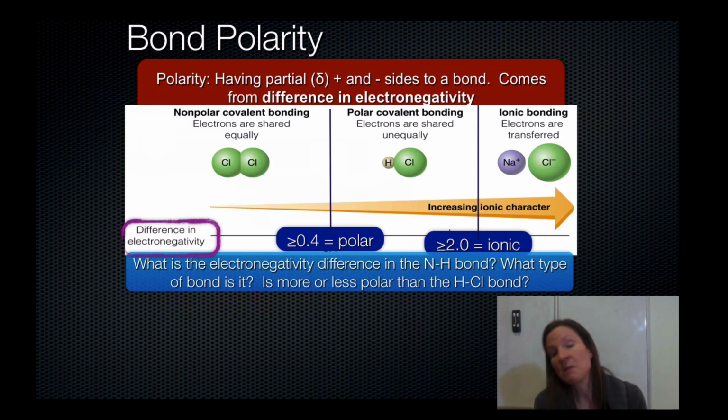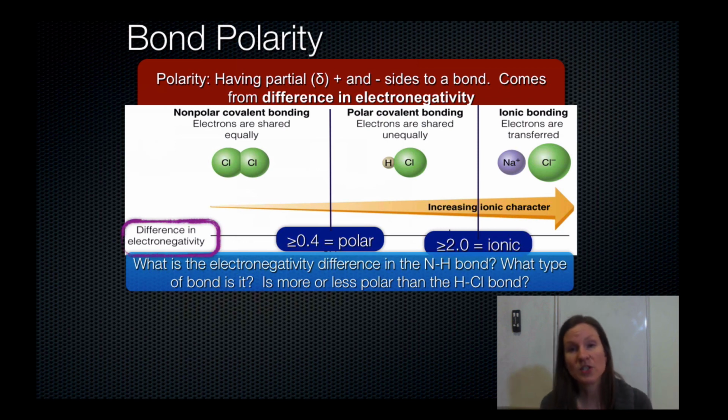So there might be a case where something that's like 1.7 is exhibiting as ionic, and that's fine. So sometimes we think about this difference in electronegativity as increasing ionic character as I go more different, right? So totally equal, and then unequal, unequal, unequal, eventually full separation. So I'm increasing how ionic my compound is.